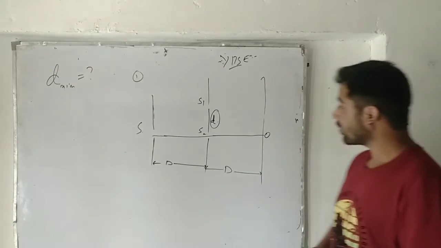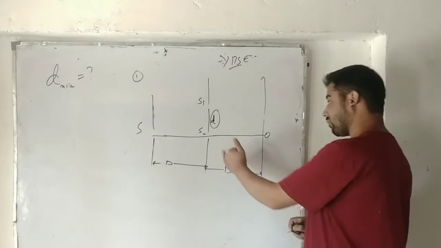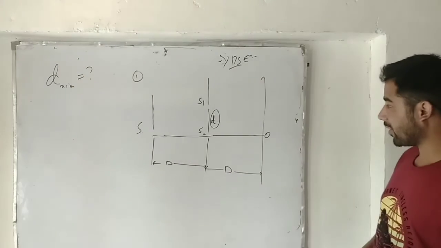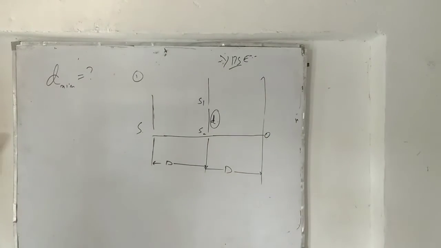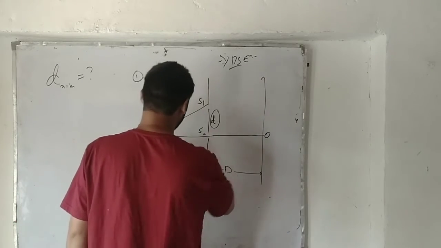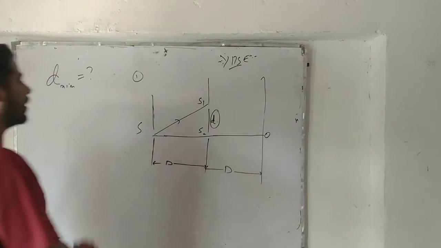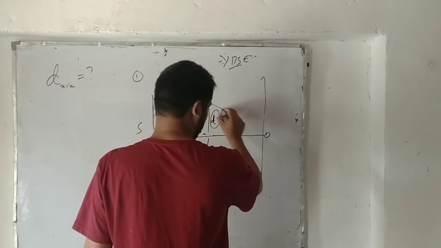First of all I will calculate the path difference, and equate it to the condition for destructive interference, which is something known to me. Let us assume the light rays come from the source slit, hit the edge of slit first, and then go this way.